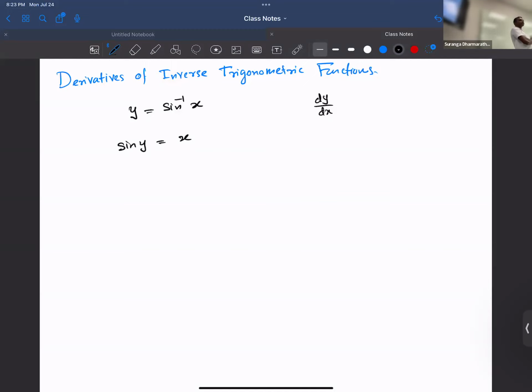Do you agree? Now what do I need to find? I'm going to find dy over dx. How do I find dy over dx?